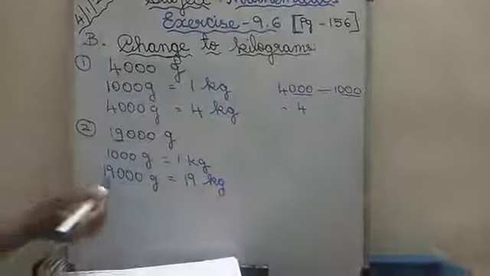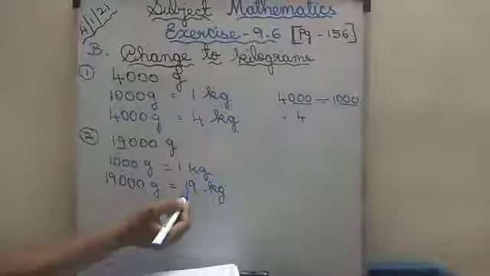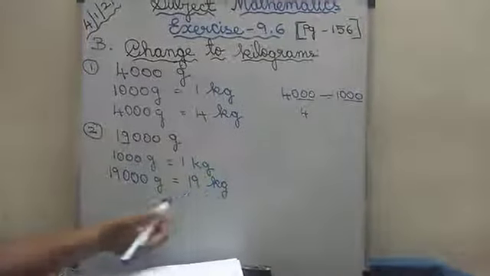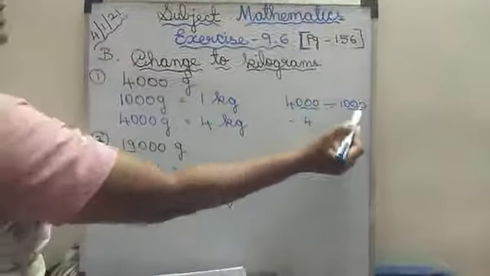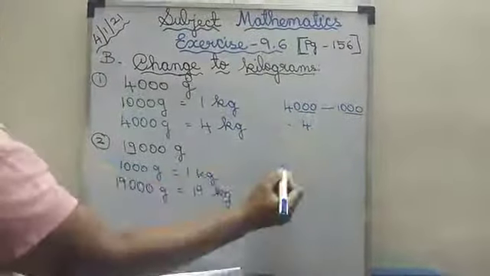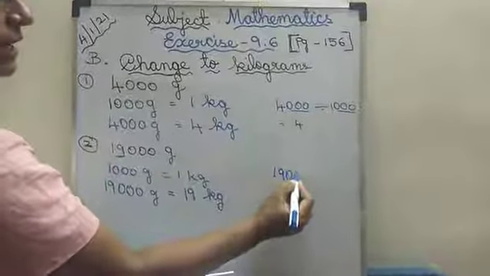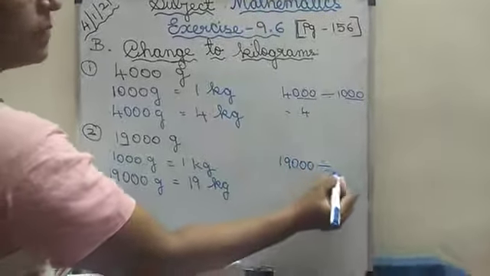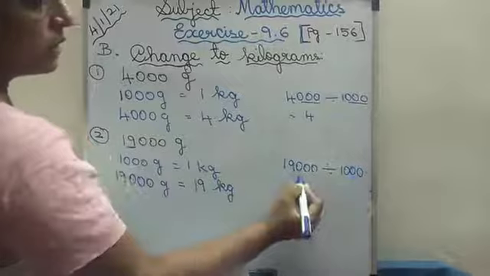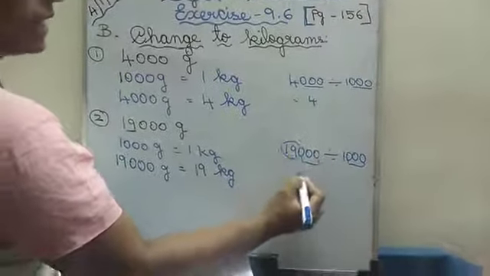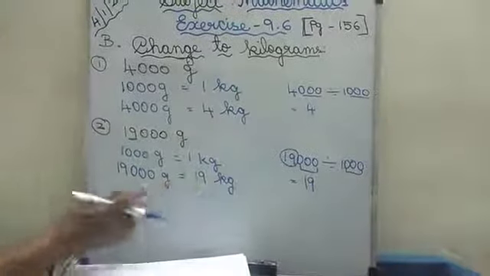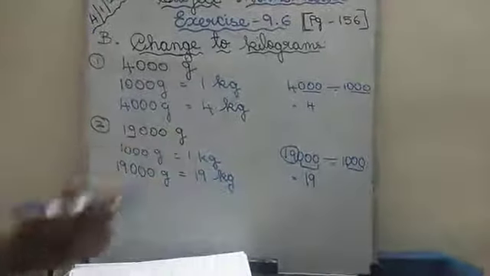So 19,000 gram is equal to 19 kg. Understood, children? If you remove the 3 zeros, what is remaining is the answer. See, here also 19,000 divided by 1000. If you remove this, what is remaining? 19. So I am writing 19 kg.